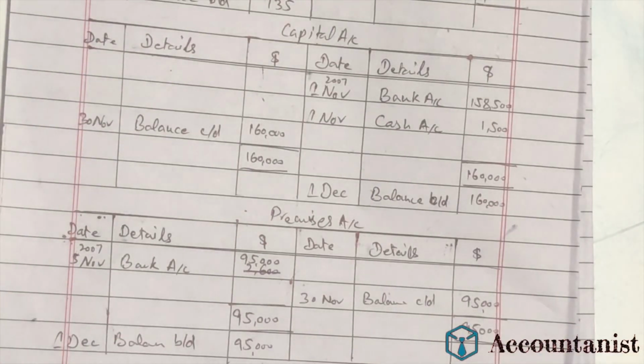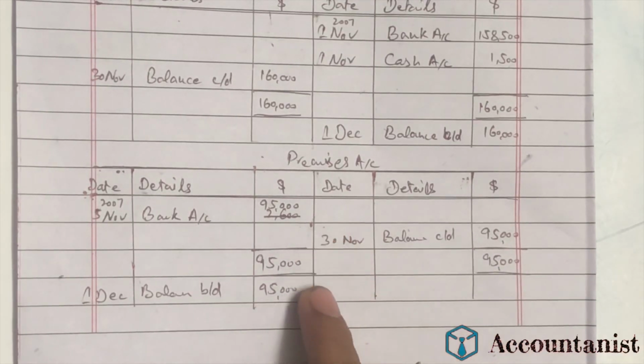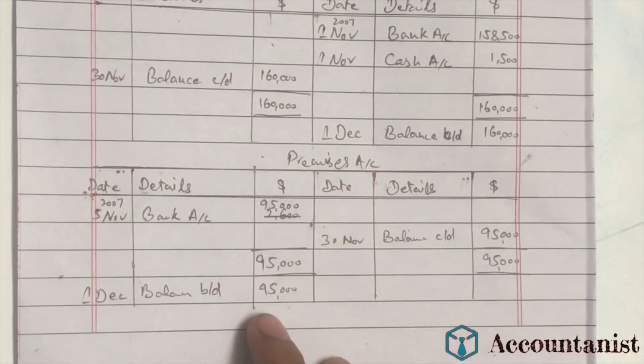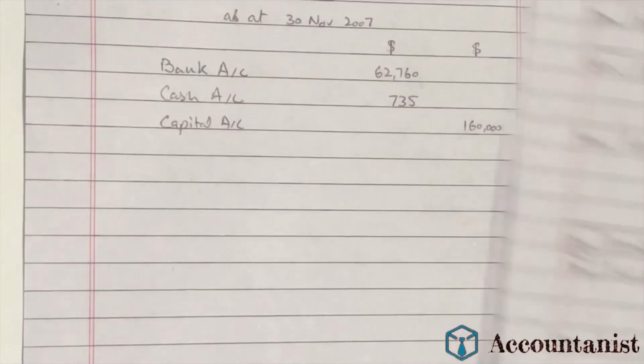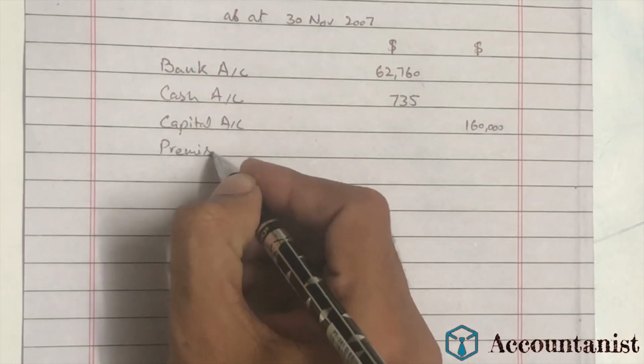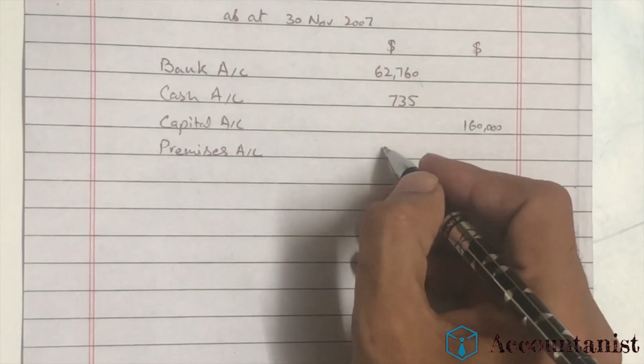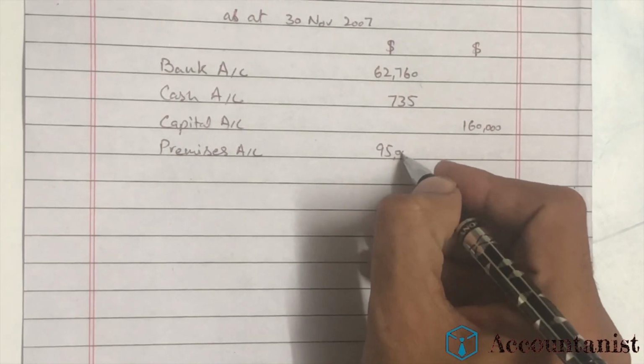The next account that we had is premises account. The premises account has a debit balance of 95,000. So I'll write down here the premises account, and it has a 95,000 balance on the debit side.